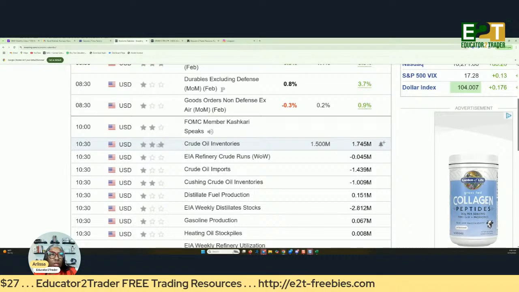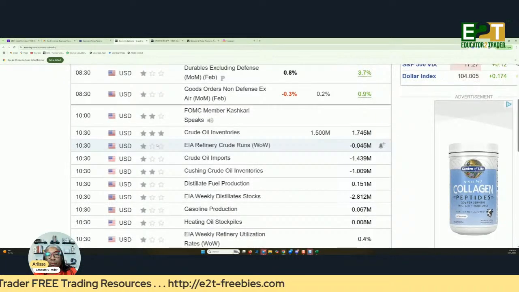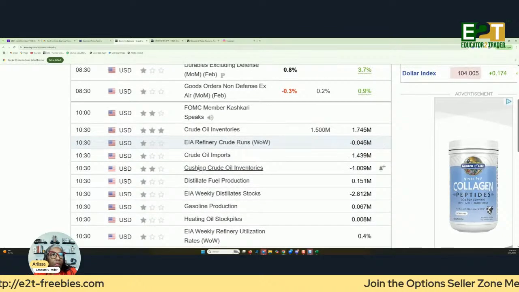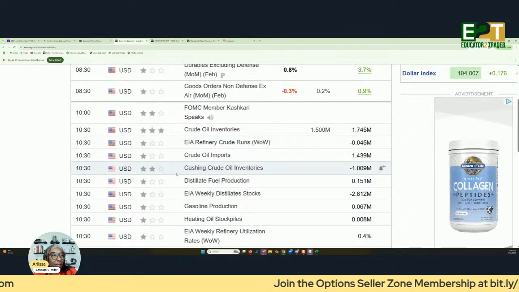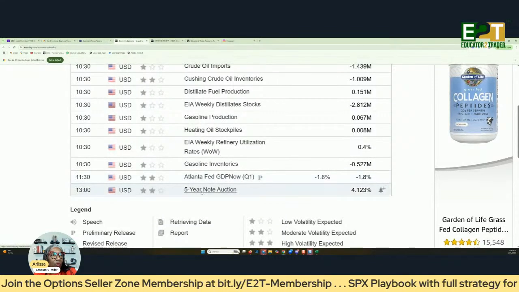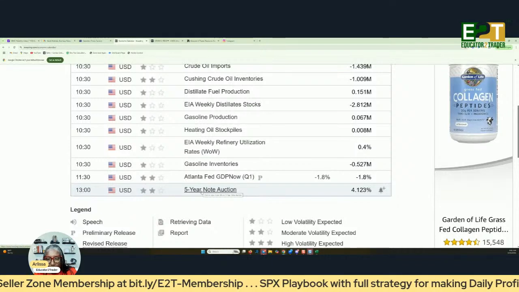I don't know if it's 3 stars, but either way, it could potentially provide some volatility at 10:30. So just keep your eye on it. Cushing crude oil at 10:30 also. And then at 11:30, we've got Atlanta Fed GDP now. That's 2 stars. And at 1 o'clock, the 5-year note auction happens.